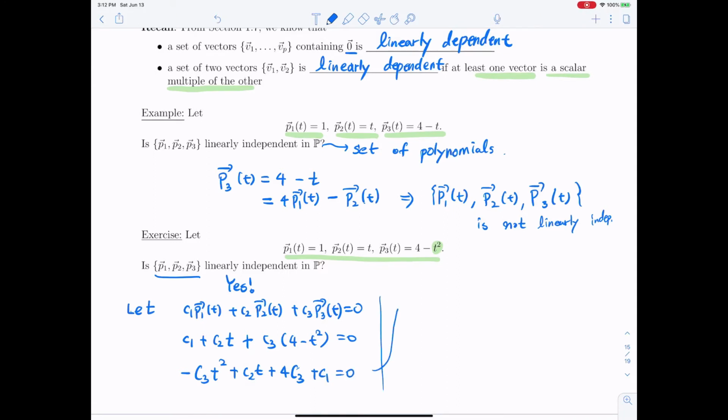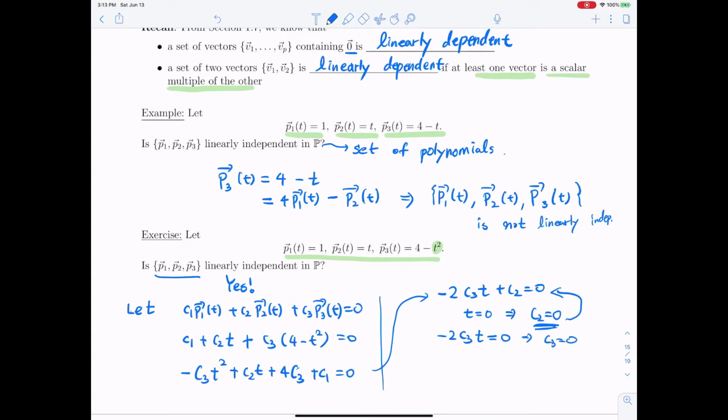If you take the derivative of both sides, we get negative 2 C3 t plus C2 equals 0. Then plugging in t equals 0 gives you C2 equals 0. If you plug this back into that equation, this gives you negative 2 C3 t equals 0, so we have C3 equals 0.